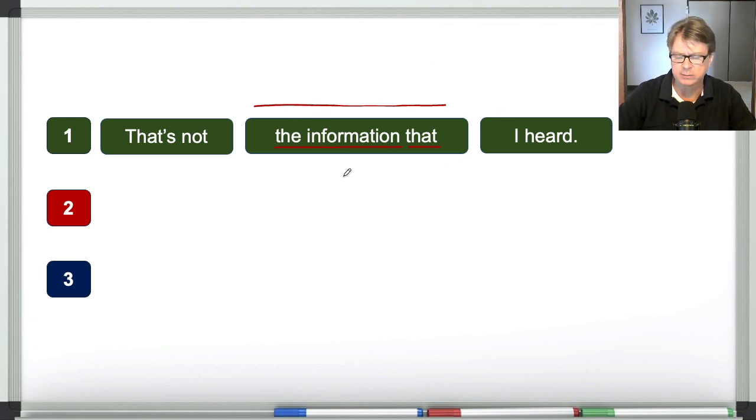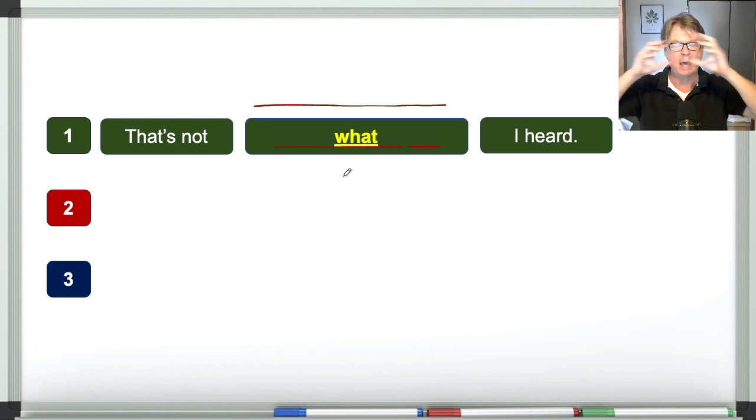And an adjective clause can also be a noun clause. So many noun clauses with WH words are actually adjective clauses. So you could say, that's not what I heard, or that's not the information that I heard, but that's not what I heard is better because what is talking about kind of an abstract idea that both of you know what you are referring to.